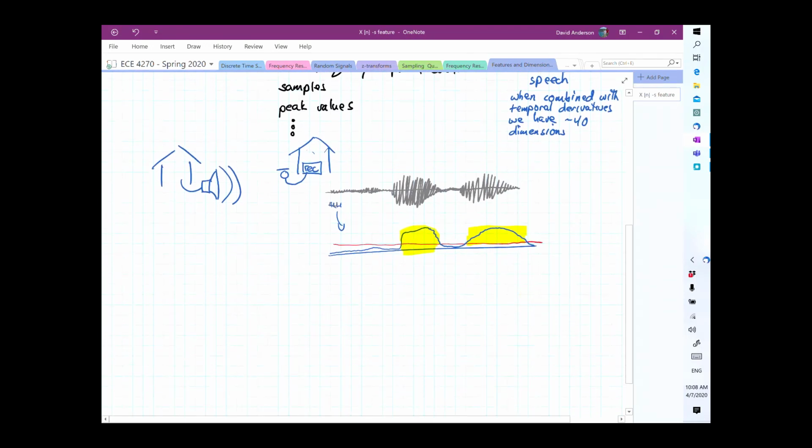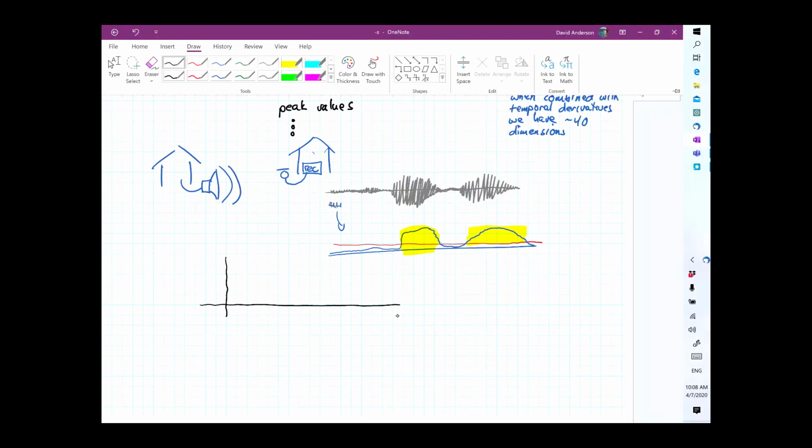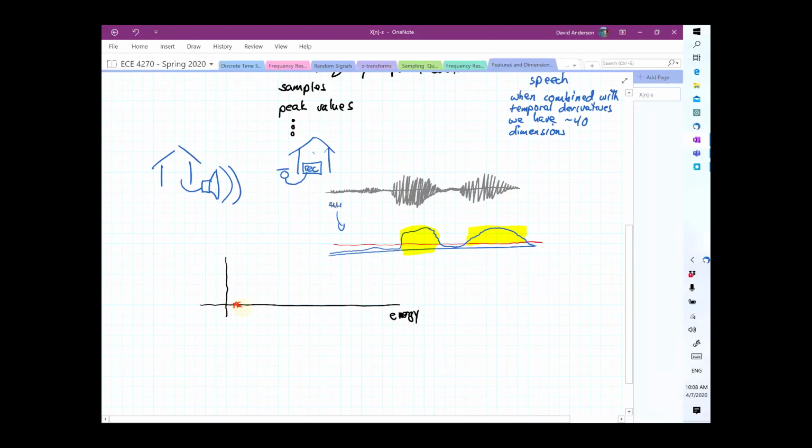That's an easy feature. If we were to plot, I'm going to draw this in a different way. If we were to plot this feature just along the x-axis in terms of the energy, I would get a lot of small values. So I'm going to plot each value here as a dot, a little bit above the axis so you can see it. So I have a lot of them down at low energy, a few in between, maybe when the car passes, and then we have a lot up here at a high energy.